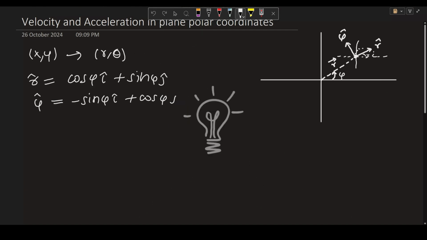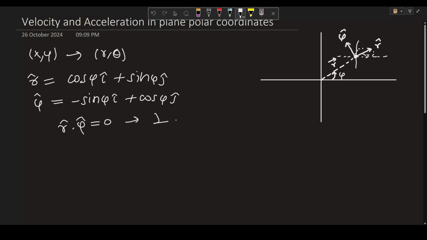Now the interesting part here is both r cap and phi cap are only dependent on phi, the directions. We can observe that r cap dot phi cap is also 0. It means both are perpendicular. That's what we want.